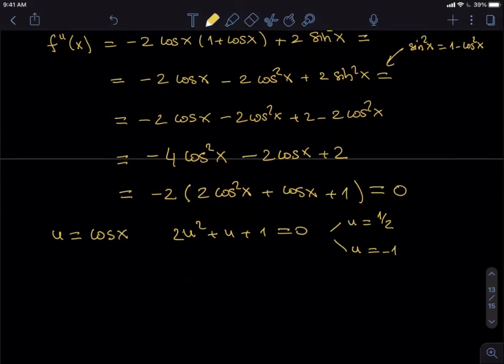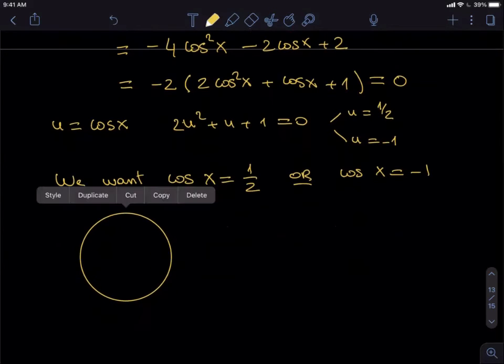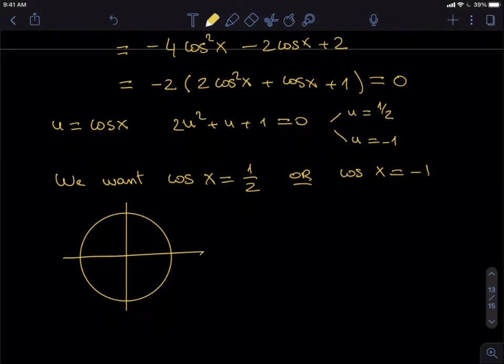What does that mean? So that means that we want the cosine of x equal 1/2 or the cosine of x equals -1. Okay, and looking back to the trigonometric circle, there we go.